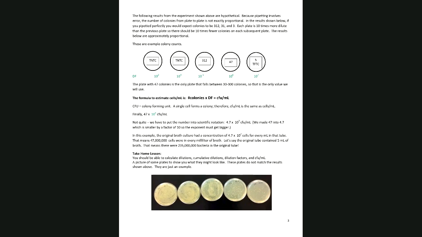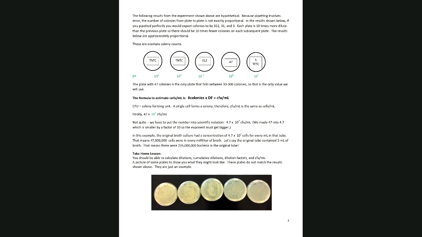And so the whole point is that if you know one of the numbers on the plates, then you can estimate what everything else should be, based on that number. So if we know there's 47 colonies here, this plate has 10 times more, it should be around 470, 500, just as a rough estimate.